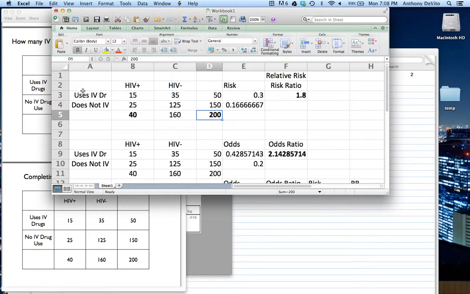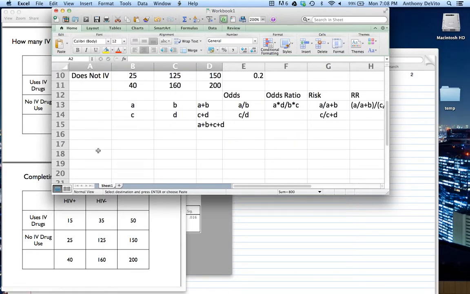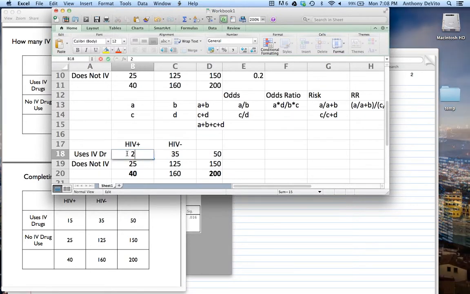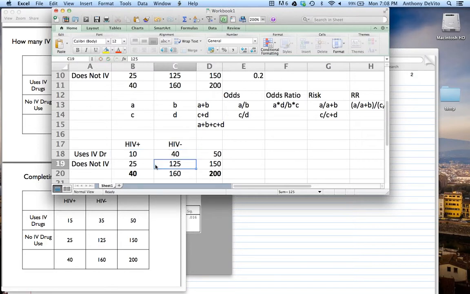And I know that from when I started, I'm going to put this down here. When I started off with this being 10 out of 40, and 40 out of 50 altogether, and this being 30 out of, and 120 out of 150, right? We know that the overall prevalence is equal to 20%.